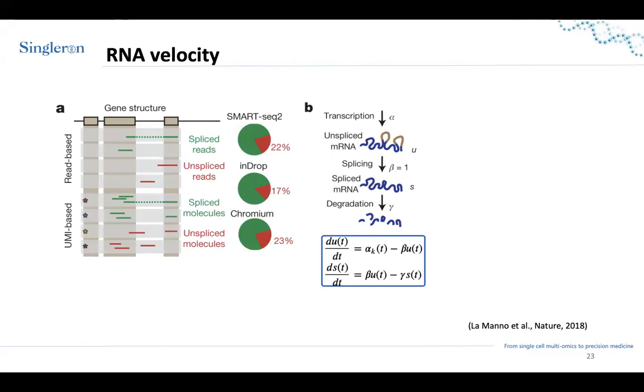Because first of all, this method works if you have a good number of spliced and unspliced reads. And usually, as I show also on this slide, you have much more spliced reads, close to 80%, and the remaining 20% is unspliced. So basically, you need to sequence deep enough so that you can also capture the unspliced reads.